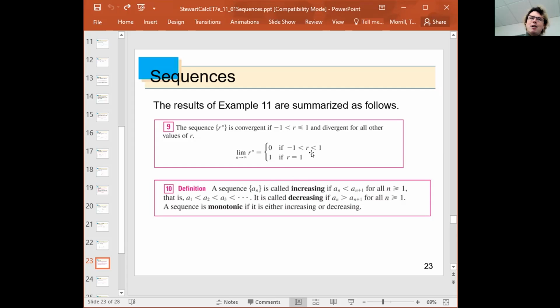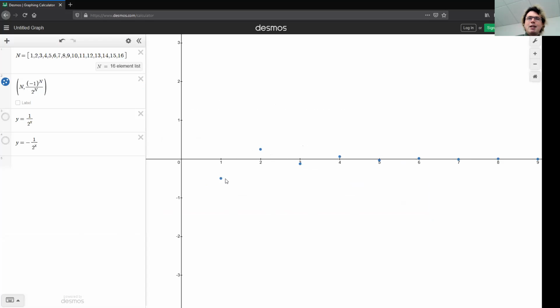But some sequences are not increasing and also not decreasing, right? If I have this function right here, sometimes it's increasing, sometimes it's decreasing, but it is not always increasing. It is not always decreasing.